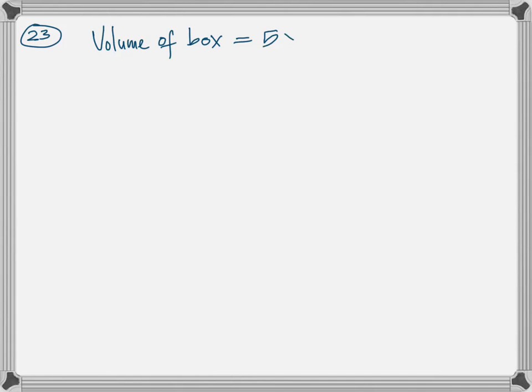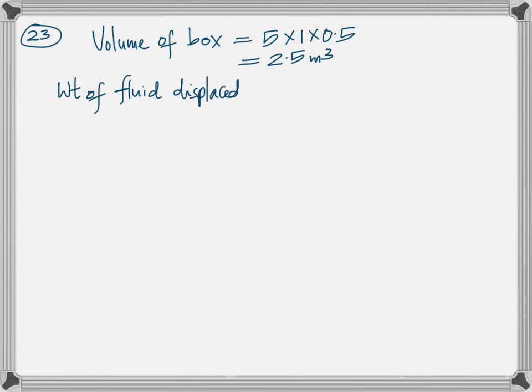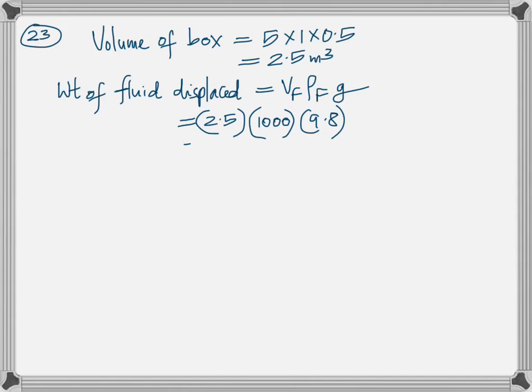Length times width times height gives you 2.5 meter cube. And so, actually it's asking for maximum mass. I put it as weight of fluid is VF times rho F times G, correct? Okay, so 2.5 times 1,000 times 9.8.